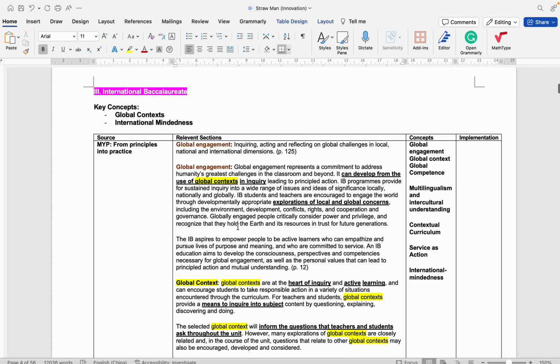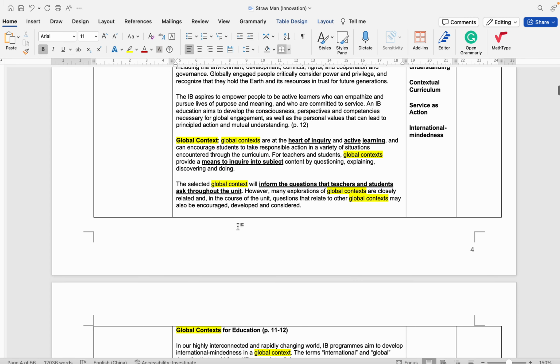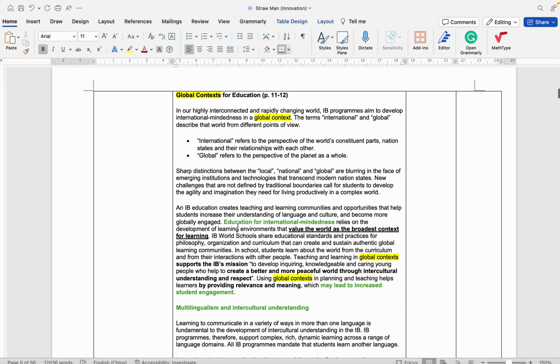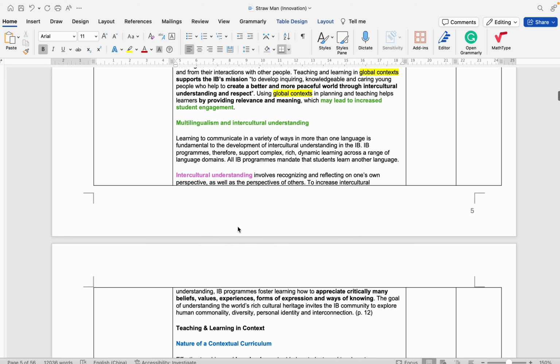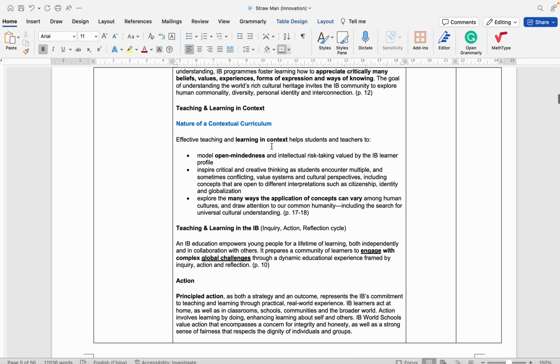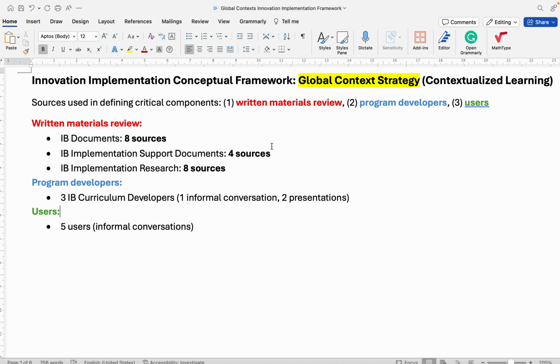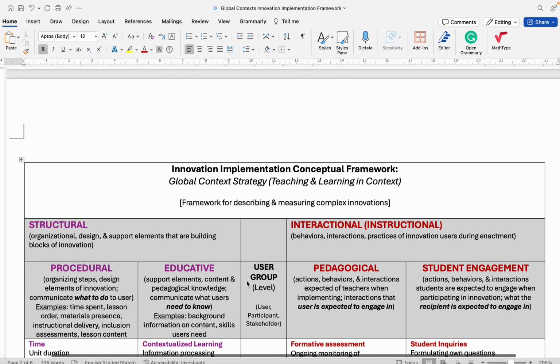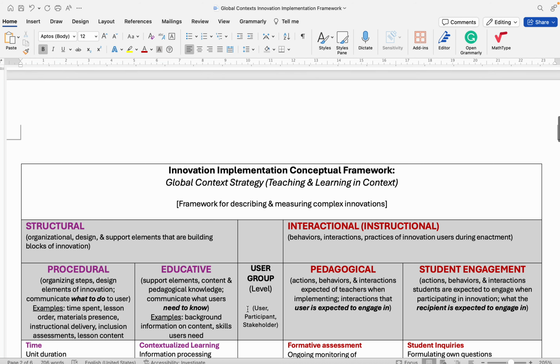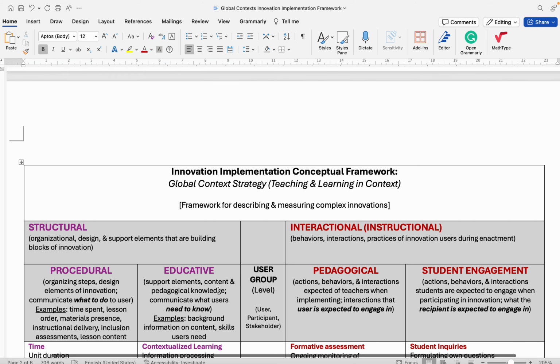I've made a big Word document, not a spreadsheet, and I'm in the process of coding and reviewing it to pull out elements of the innovation and categorize them with regard to each of these four areas. The next step would be to look at the user group, since some things could be specific to the whole school or to students.